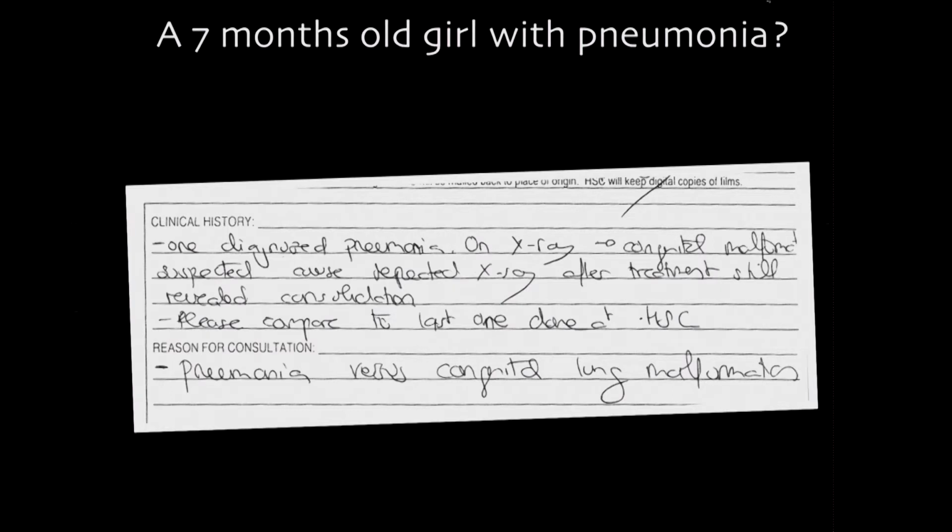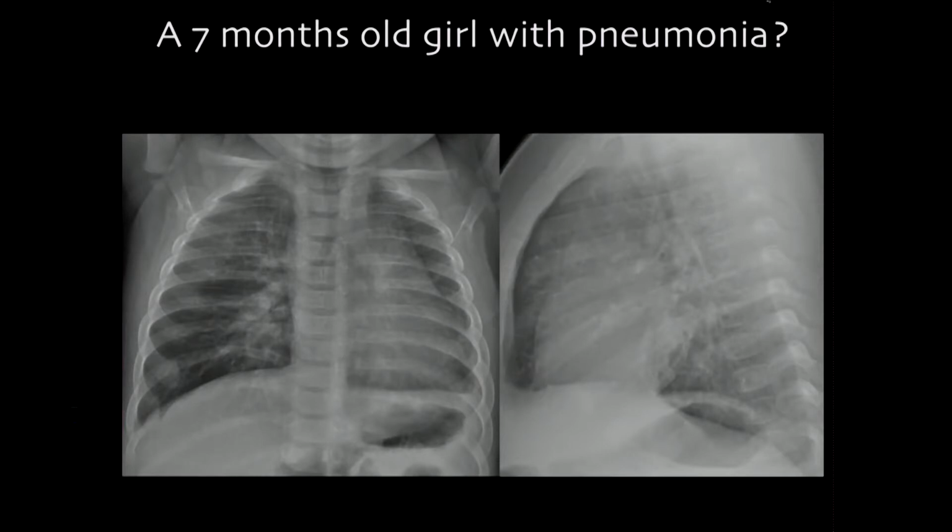So this is a 7-month-old girl with pneumonia. I have experienced multiple cases in my career, and most of the time the diagnosis is pneumonia. What about this? This is a chest frontal and lateral view. Does anybody have an idea about your diagnosis? Is the plain film diagnosis important? Why?